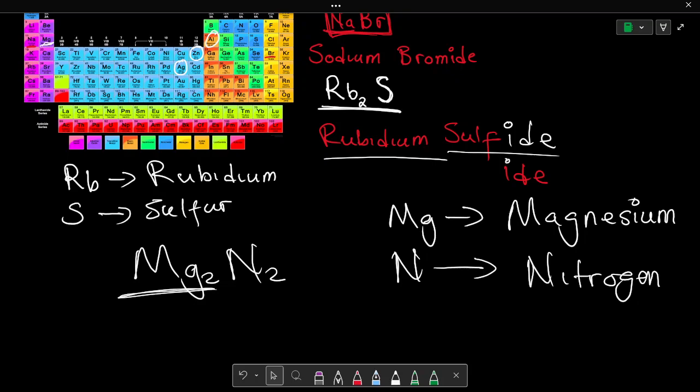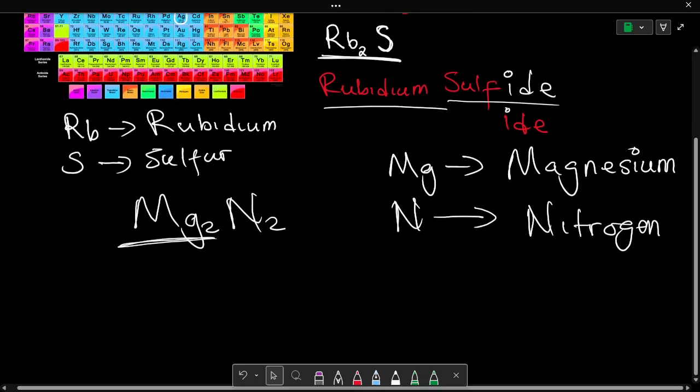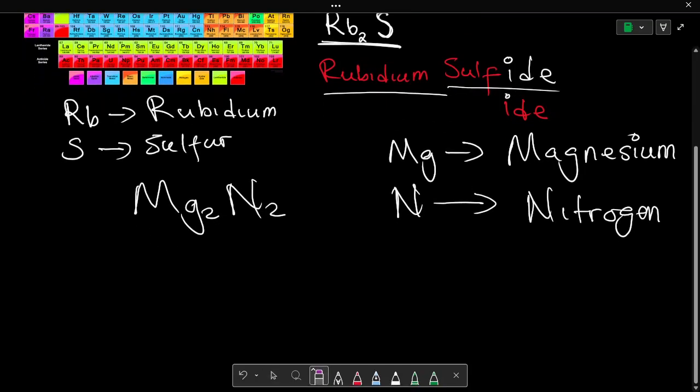So the name of this compound that we're being asked to name is going to be, as I said, it doesn't matter what subscript this compound has.